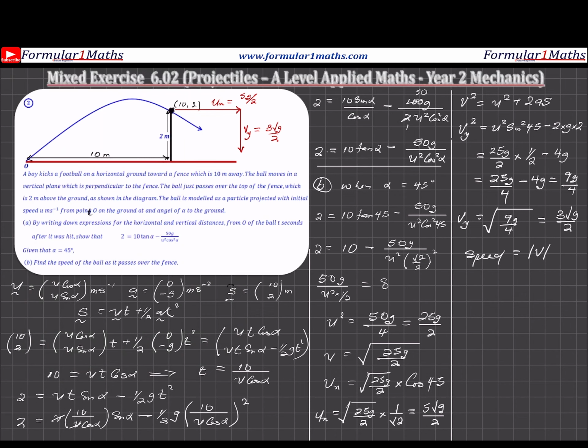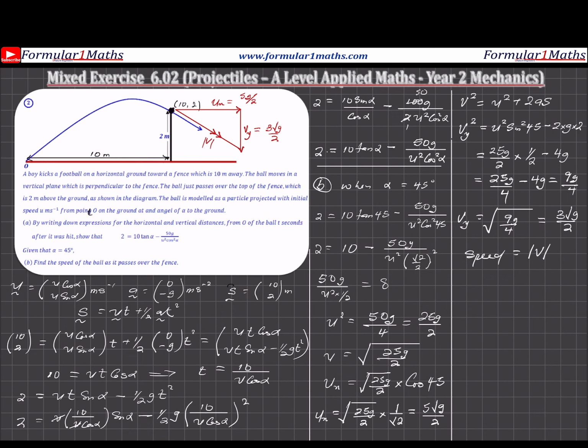It will be something like this. So that is v. We can use Pythagoras' theorem now to find the value of v, which will be the square root of this squared and that squared.